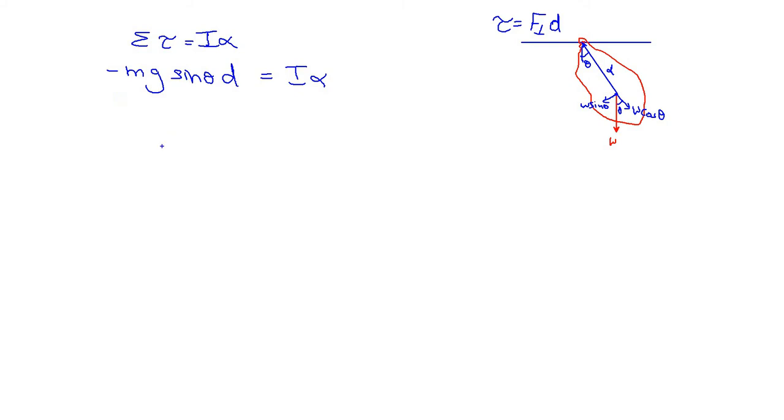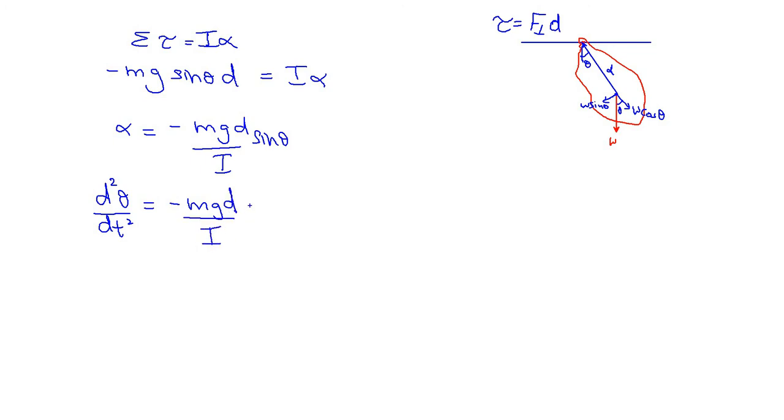I'm going to flip the equation again, so you get alpha equals minus mgd divided by I, times sine theta. Now again, the same argument that I used for the pendulum: we're looking for small angles. Alpha is d2 theta by dt squared, equal to minus mgd over I sine theta.